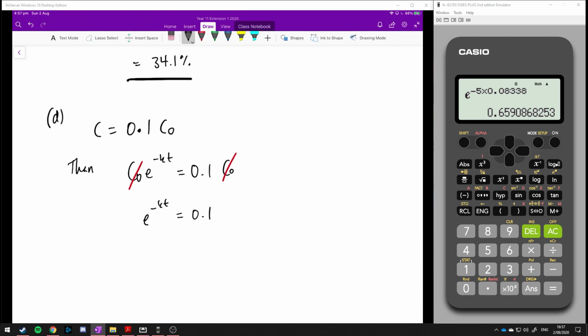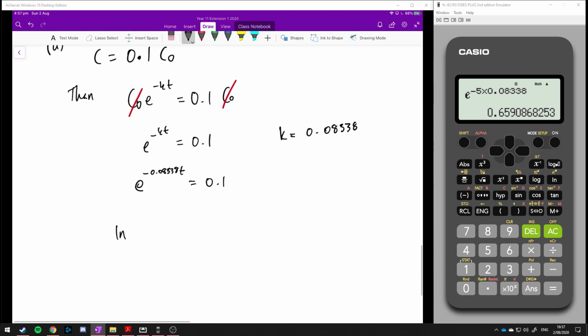So what we're going to do now is substitute k is equal to 0.08338 into this, and this is going to give us e to the minus 0.08338t, which is equal to 0.1. We'll take the natural log of both sides, which is equal to log of 0.1.